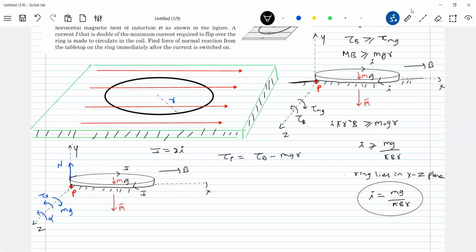What should this be equal to? Moment of inertia about the Z axis passing through point P. This should be equal to I into πr²B minus mgr.